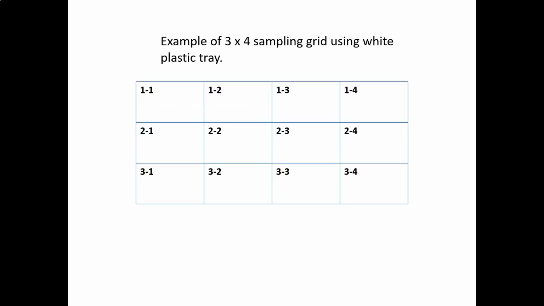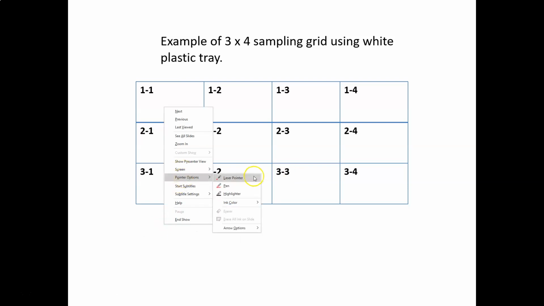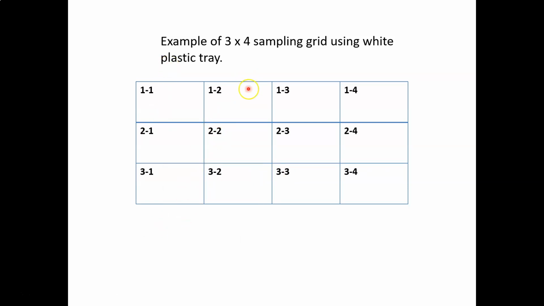So this is what the habitat actually looks like. The tray is our habitat, and all the beans are our community. So let me take my pointer here. These are columns, and these are rows.